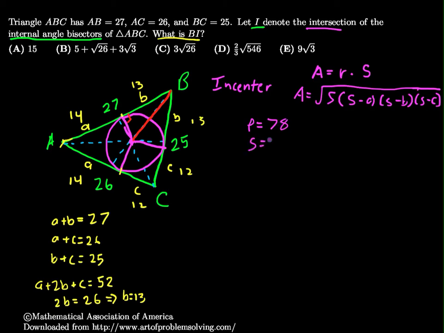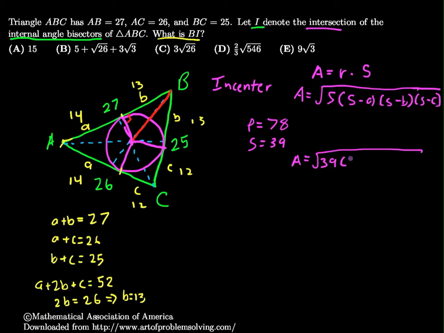The semi-perimeter equals half of that, which would give me 39. Okay, now let's put this in here. So the area will equal the square root of 39 multiplied by the semi-perimeter minus A. Here A is the side length, not these A's. That's a little confusing, but it's the 3 side lengths of the entire triangle. So these A's aren't those A's. My apologies, but whatever. On with things.